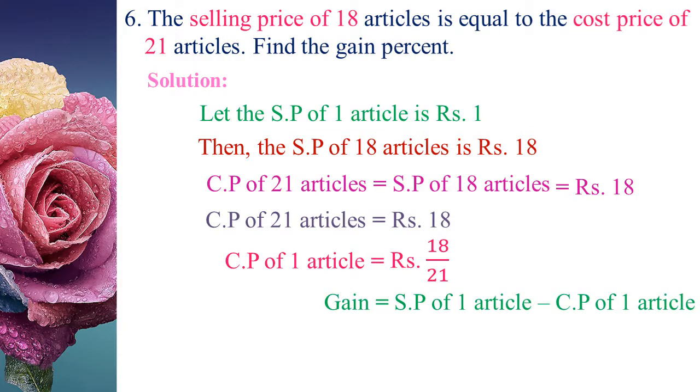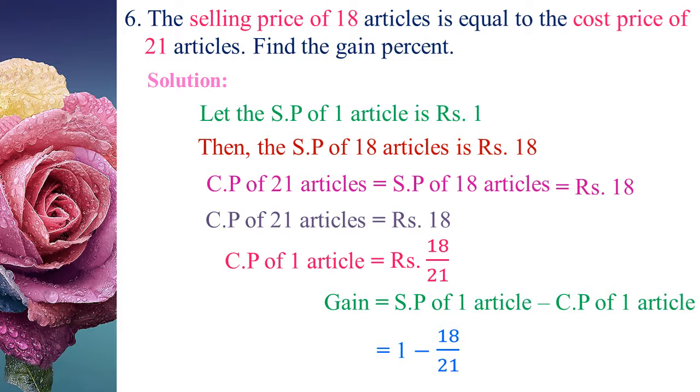So, gain equals selling price of one article minus cost price of one article. Selling price of one article is rupees 1, minus cost price of one article, which is 18 by 21. So 1 minus 18 by 21.